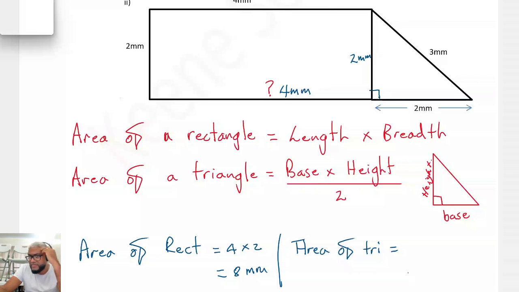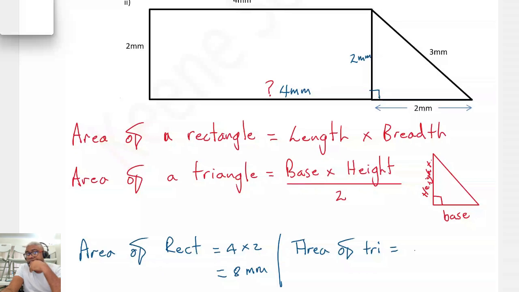What is your height here? Isaiah, help him out. 3 and 2, sir. You're saying the same thing he just said, 3 and 2. I'm saying it again. The 2 lines that form the right angle in that triangle.